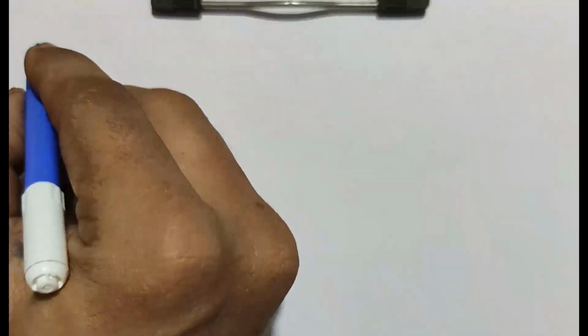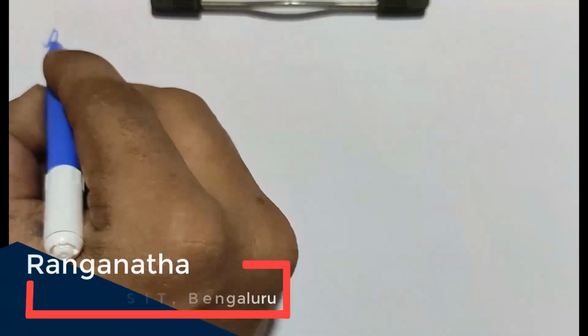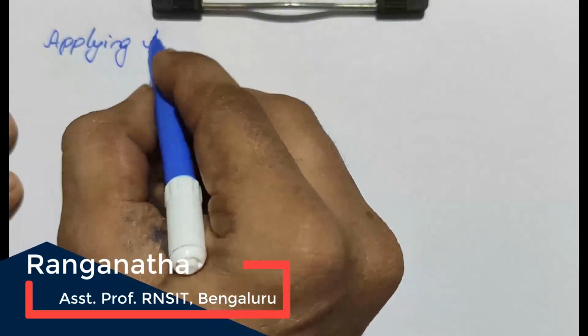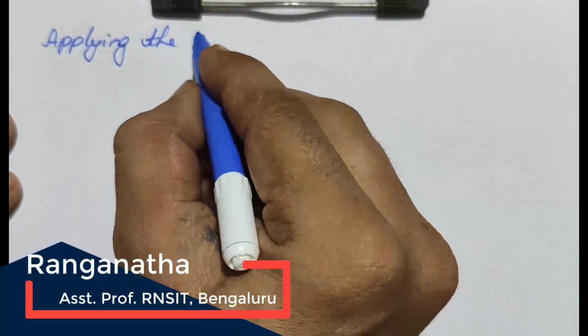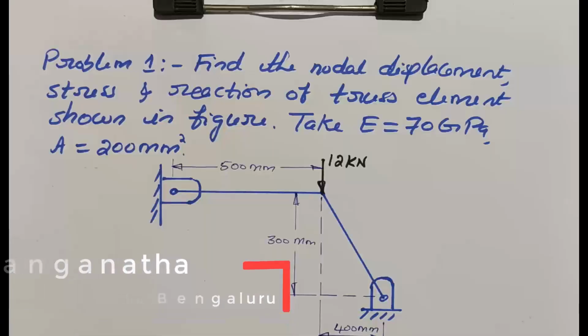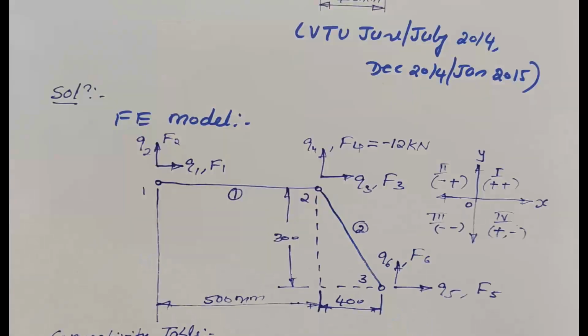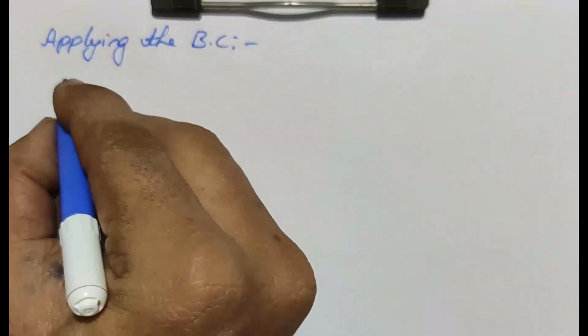Next is applying the boundary condition. See, if you see the figure, node number 1 and 3 are fixed. Therefore, corresponding displacements are 0. Since node number 1 and 3 are fixed, the corresponding displacements Q1, Q2, Q5, Q6 are 0.